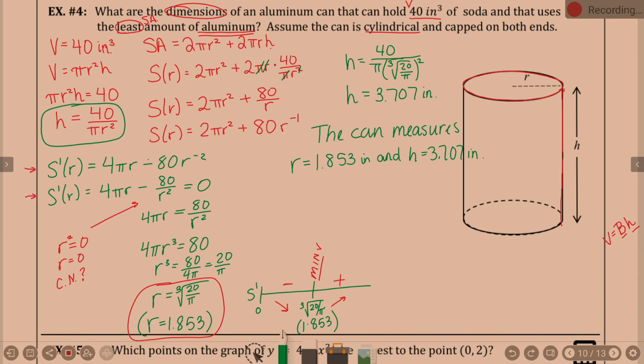And how do I want to say this? To have a volume with the least amount of material. What I have in mind is something along the lines of when S prime of R equals 0 and changes from negative to positive.